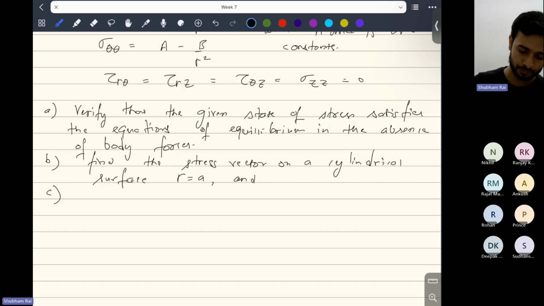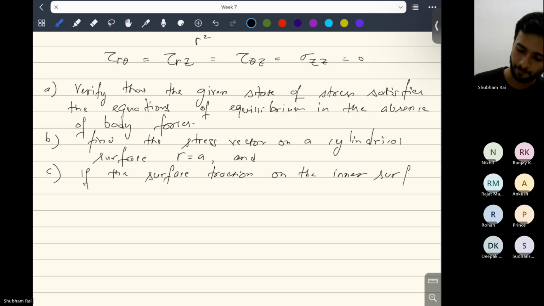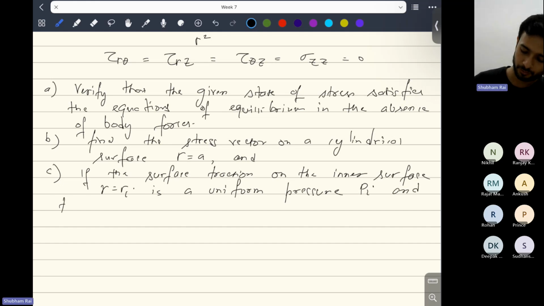And in part C, if the surface traction on the inner surface, R is equal to Ri, the surface radius is Ri, is a uniform pressure Pi, and the outer surface, the outer surface radius is given by R is equal to R naught, is free of traction.